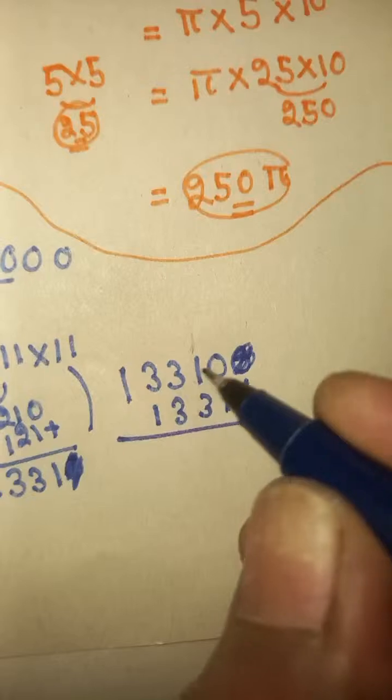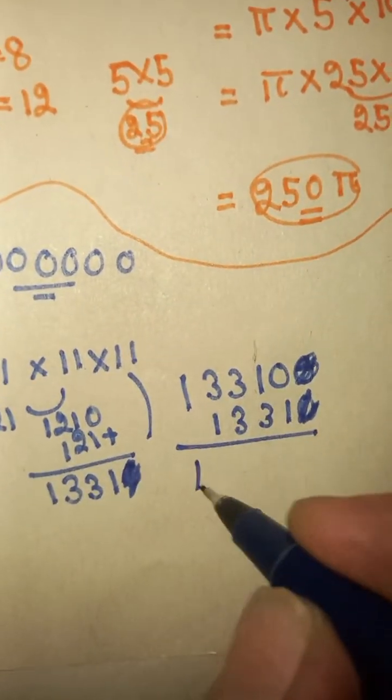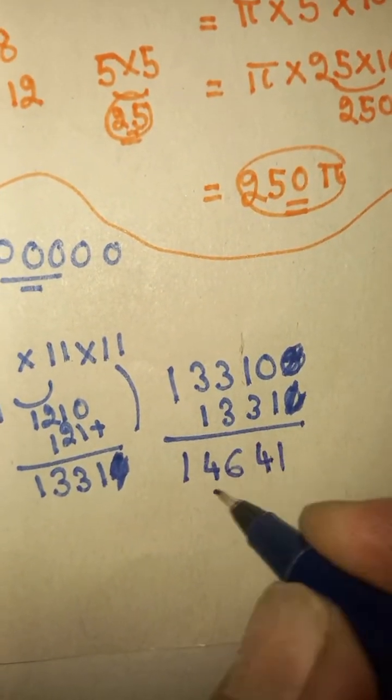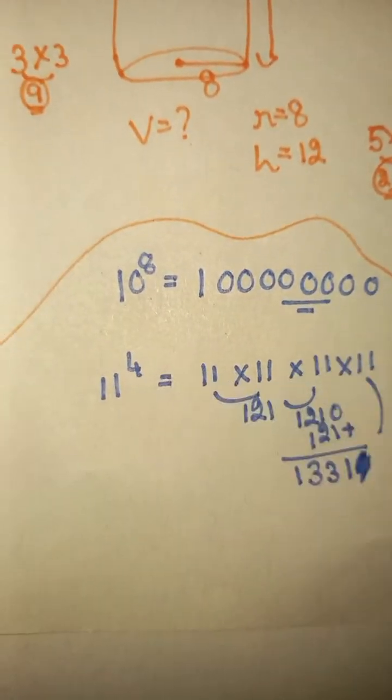If you add 13310 plus 1331, you get 14641. That is the value of 11 power of 4.